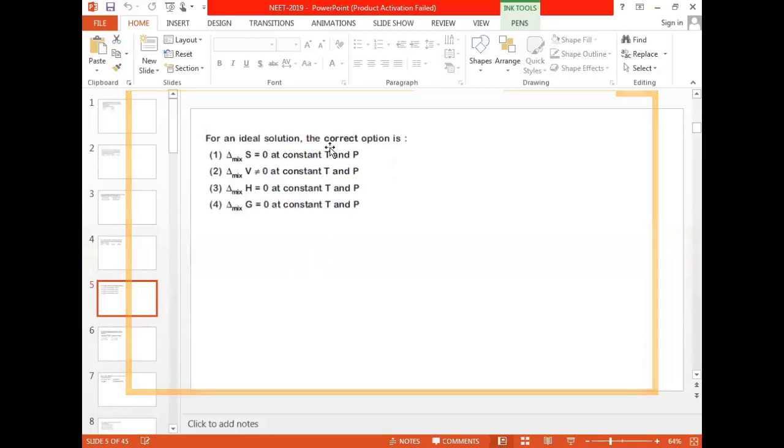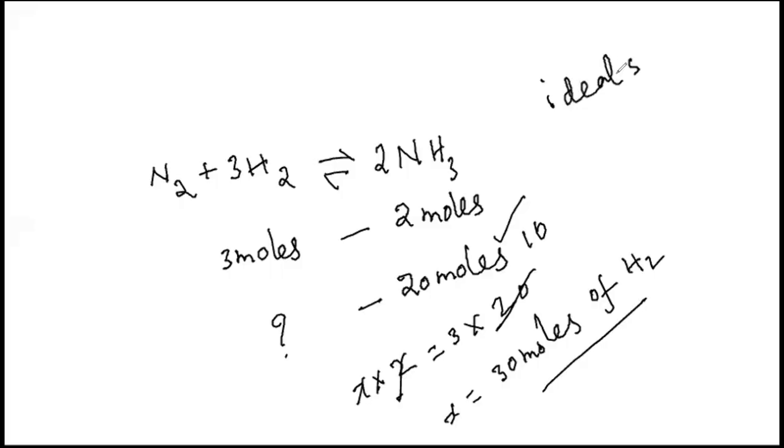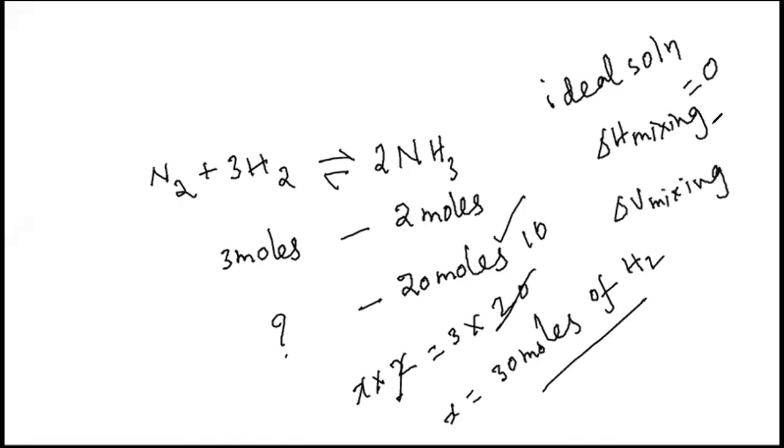See, when we speak about ideal solutions, we can consider delta H mixing is equal to 0 at a constant temperature and pressure, and delta V mixing is equal to 0 at a constant temperature and pressure.